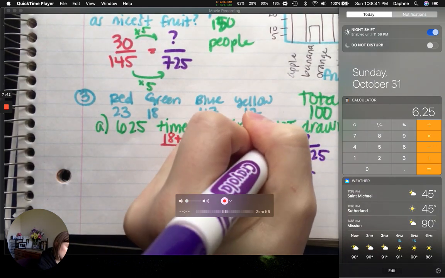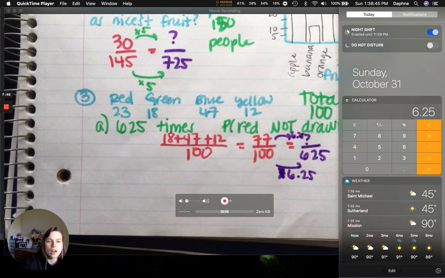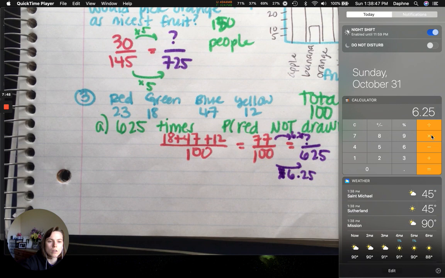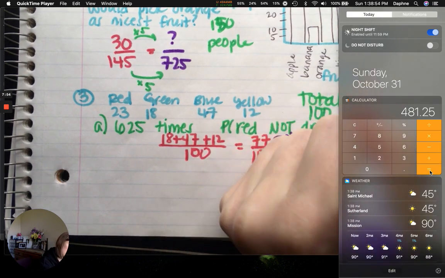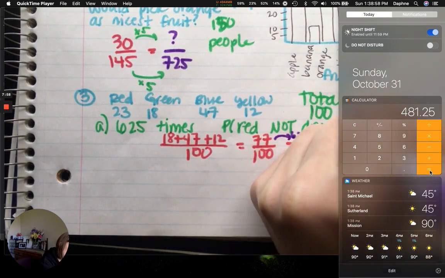I'm going to do that 6 1/4 also up there. So I now want this multiplied by 77 equals, okay, so I would expect it to be about 481 times.